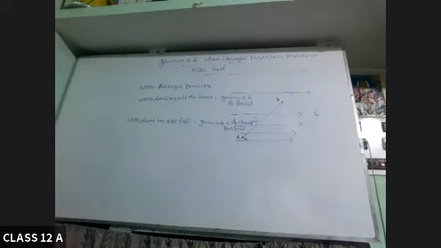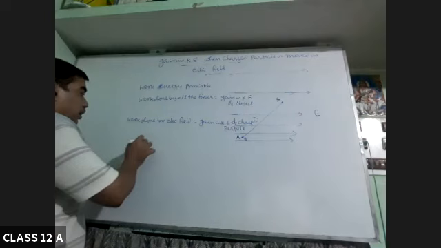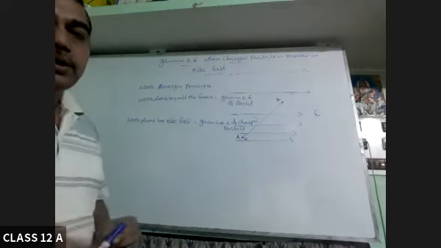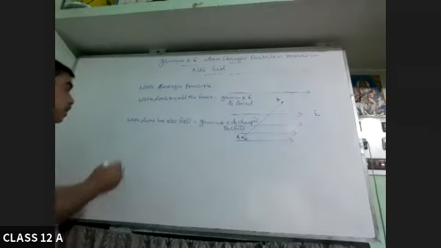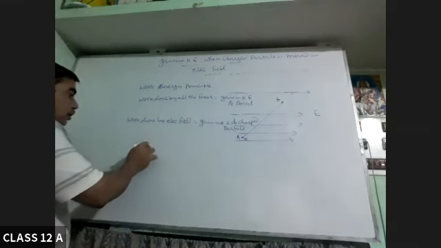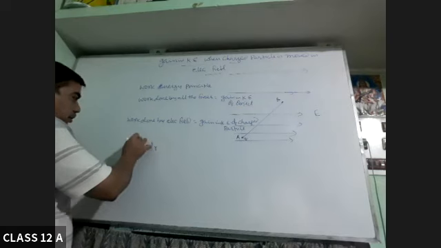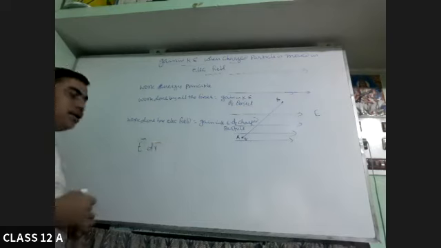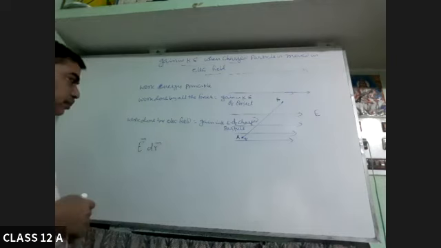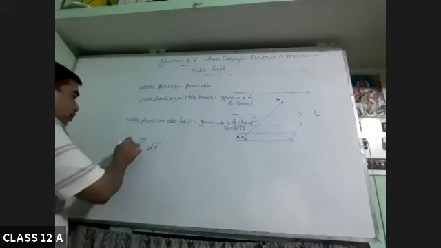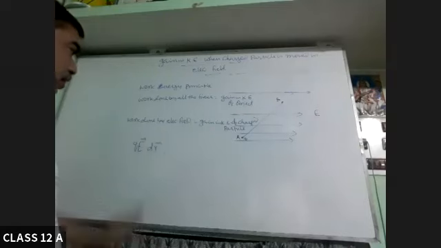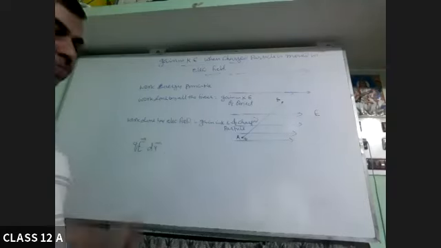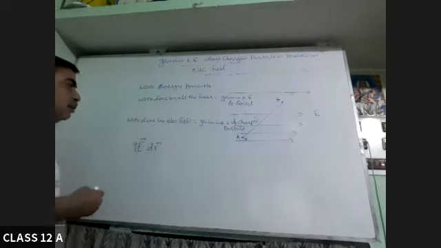Now work done by the electric field, if the electric field is uniform, that is a special case. If it is non-uniform, then how will you find it? E dr cos theta, or E dot dr we can say. Force will be QE. Fs cos theta, or F dot S, is the work done. So QE into dr, or dot product of these two, is the work done.